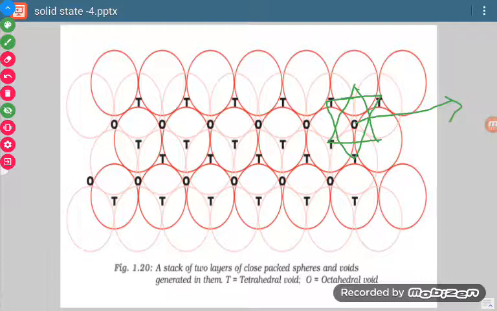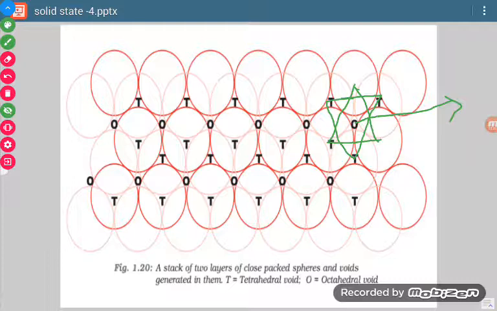Now see, here what is to be remembered? The vacant space which was there in the bottom spheres, on that particular vacant space itself there is one more vacant space which is formed by the upper spheres. So an octahedral hole has vacant space at the lower spheres also and the upper spheres also.